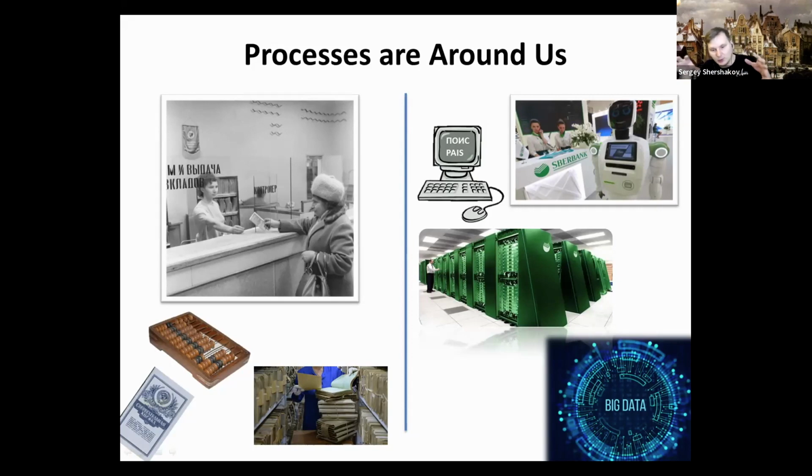These systems generate a large amount of data containing information about their work. This data is normally called digital traces, and the interesting point is that such digital traces are a rather valuable source of information about the actual behavior of these processes.